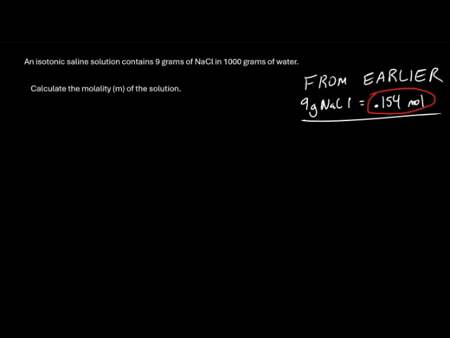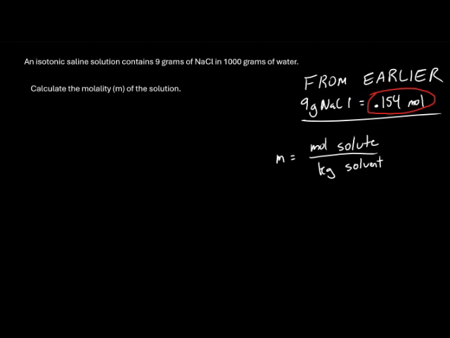The next part of this question now asks us to calculate the molality of the solution. Molality is represented with a lowercase m, and the definition of molality is the moles of solute on top divided by the kilograms of solvent.